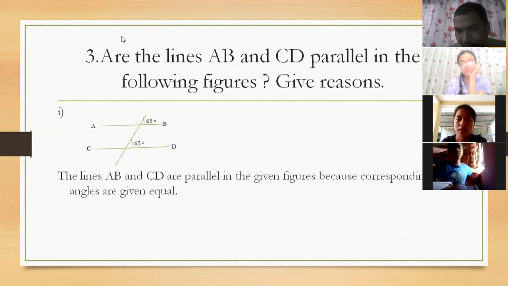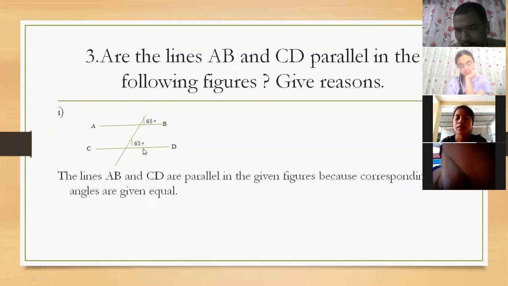When alternate angles are equal, then also the given pair of lines will be parallel. And if the sum of the co-interior or co-exterior angles is 180, then the given pair of lines will be parallel.